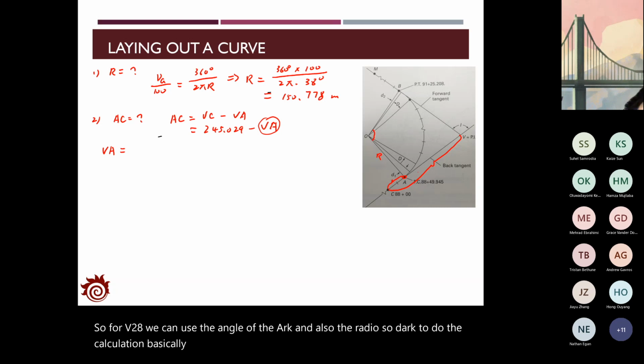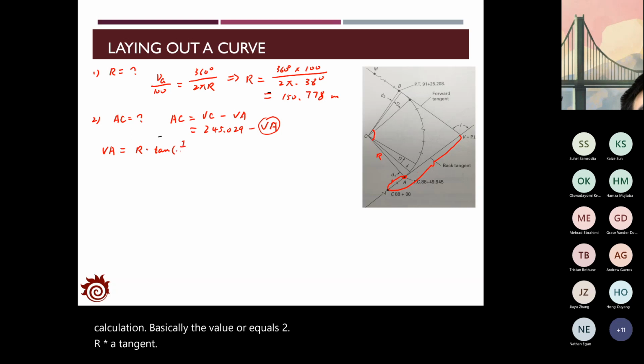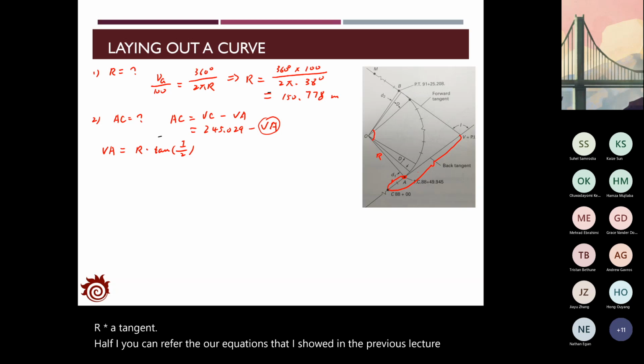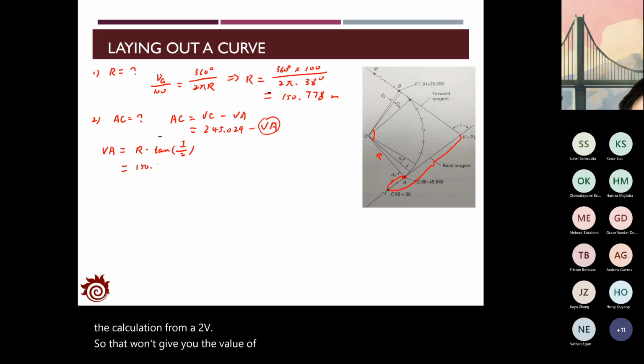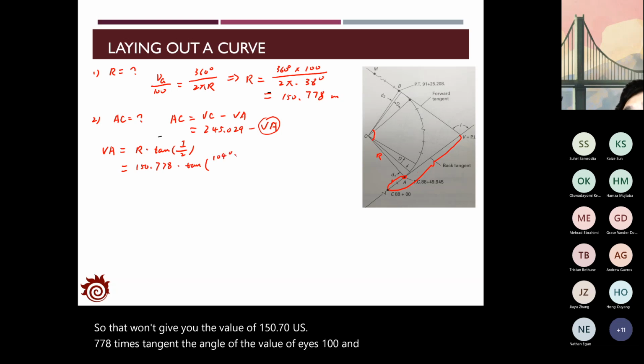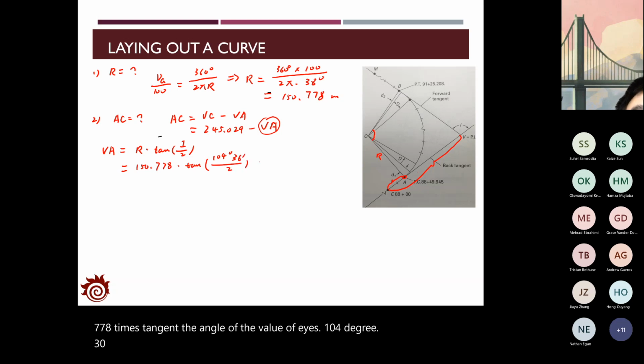Basically, the value will equal R times tangent half I. You can refer to the equations that I showed in the previous lecture about the calculation from A to V. So that gives you the value of 778 times tangent of the angle I, 104 degrees 36 minutes, divided by 2, which gives you the distance as 195.084 meters.